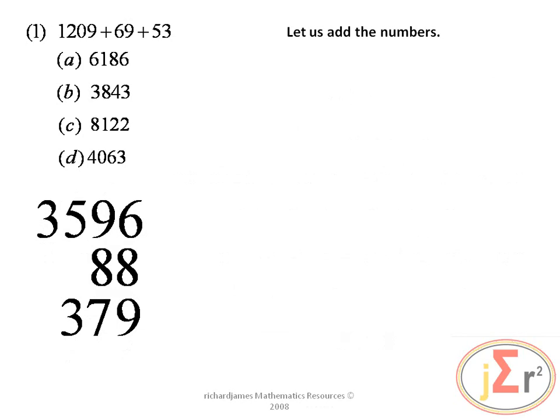Now let us add the numbers. Now what do we do, Jerry? Do we begin by adding the digits beginning at the digit that is to the left? Do we do that? We are going to begin by adding the numbers in the ones column.